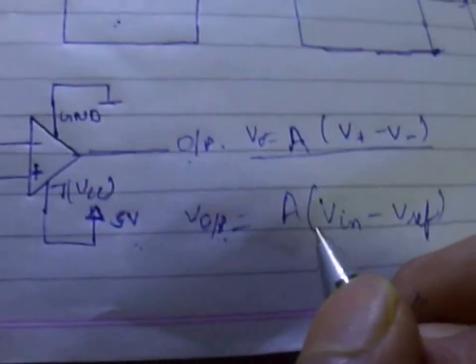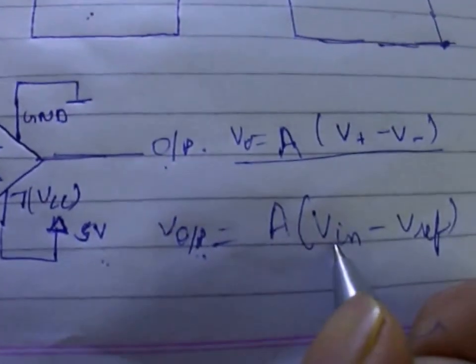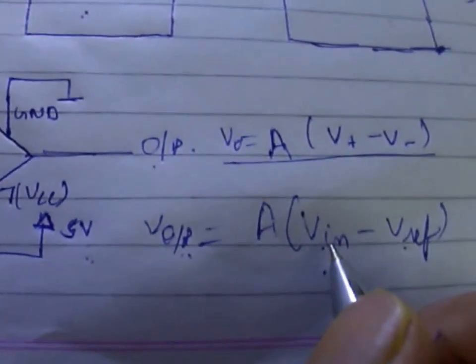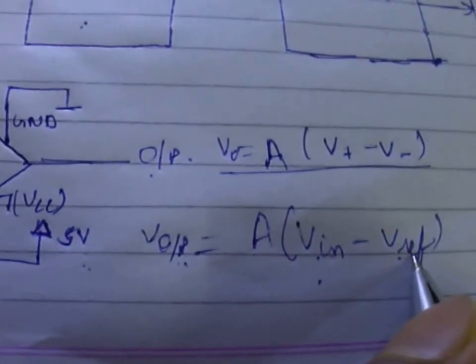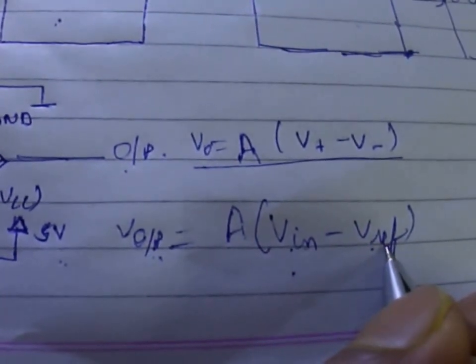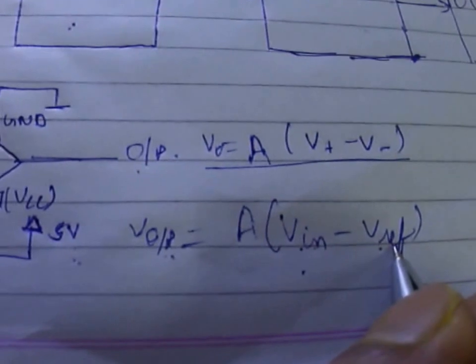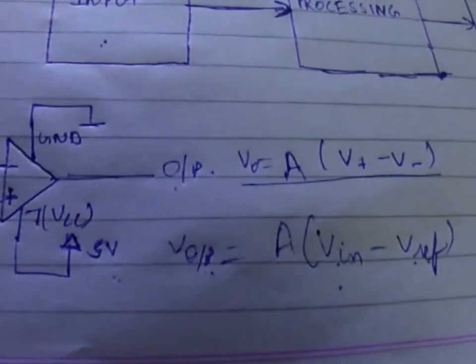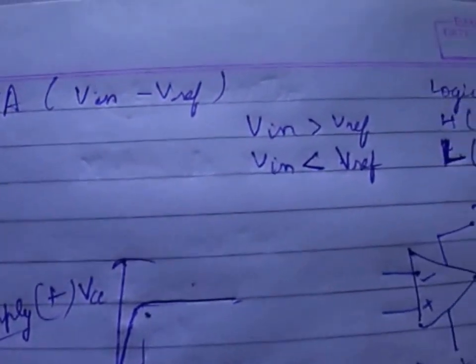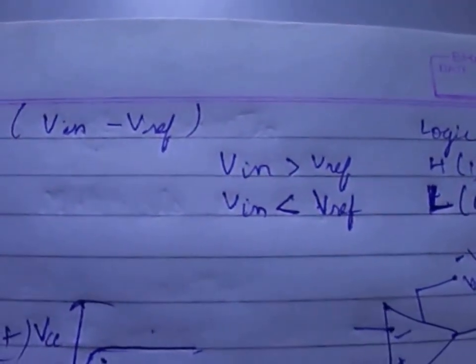So in this case, we will compare this input voltage to a reference voltage, and if the input voltage is greater than the reference voltage, my desired output should be 1, and if it is less, my desired output should be 0. So this is the summary of what we have discussed now.